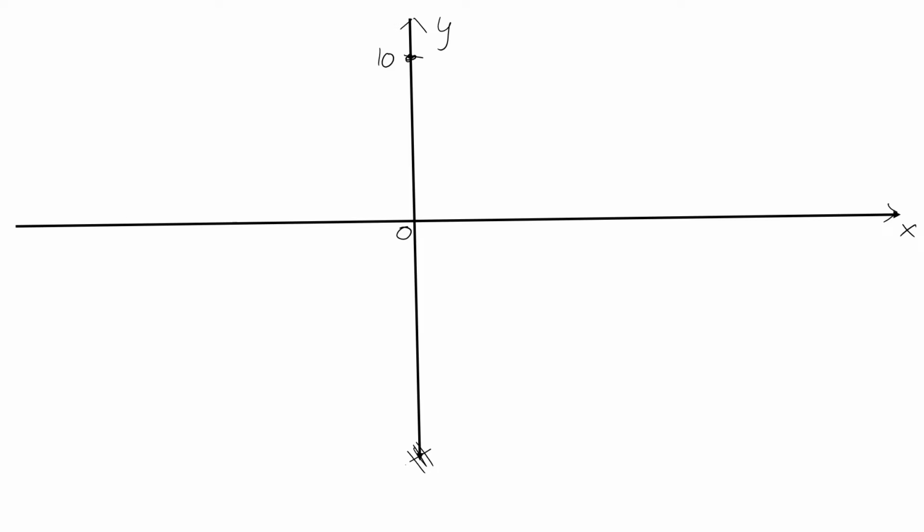How to draw it? You have to find the scale: 1, 2, 3, 4, 5, 6, 7, 8, 9, 10. So it will be here. The line must be in the same scale.